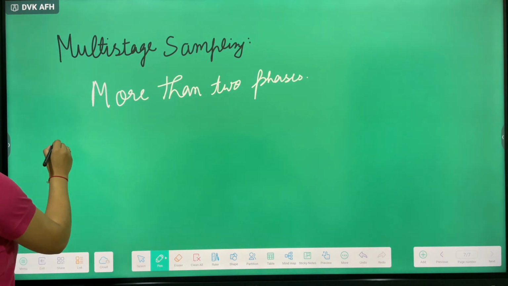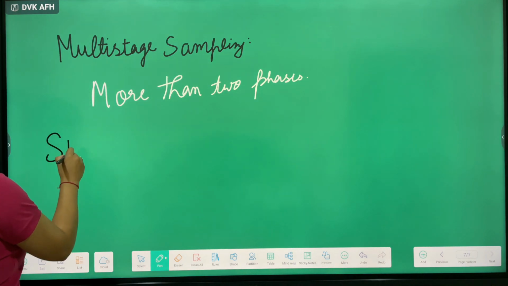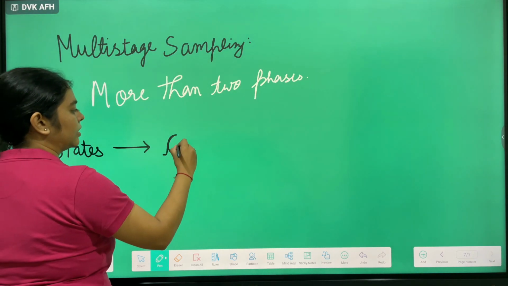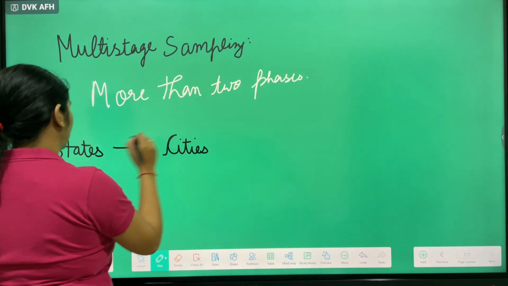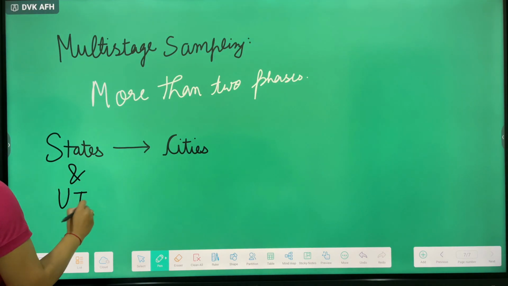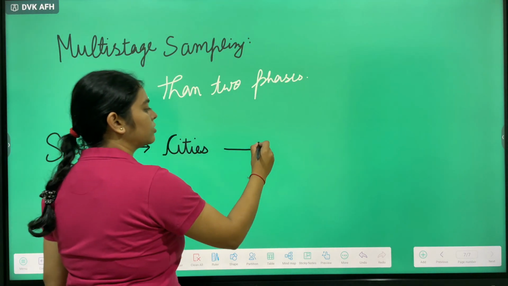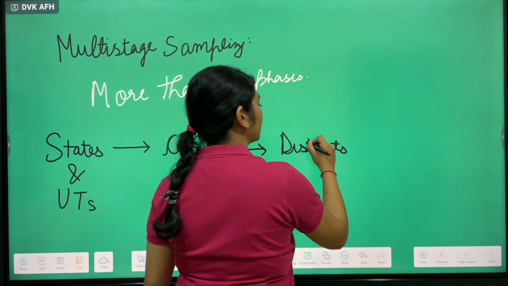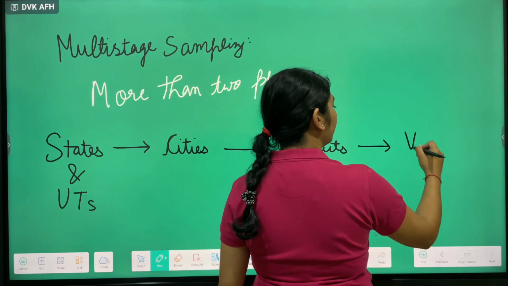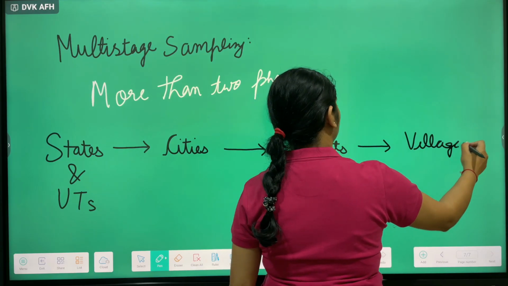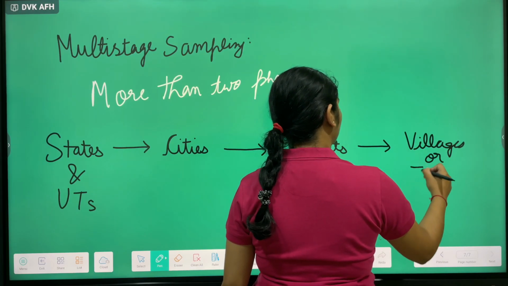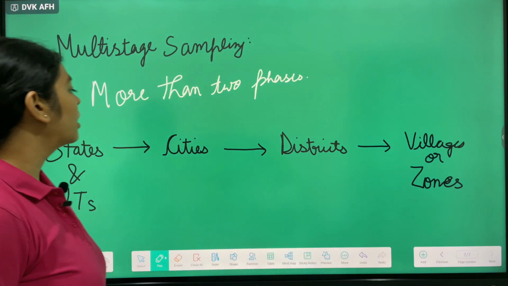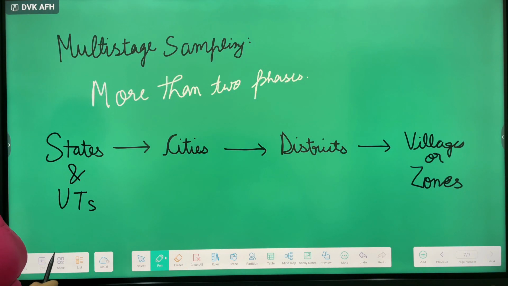So first of all, we will select the states. Then we will select the states and union territories. Then we will select the districts. And after that, we will select the villages or zones. So there are four stages in this multi-stage sampling.